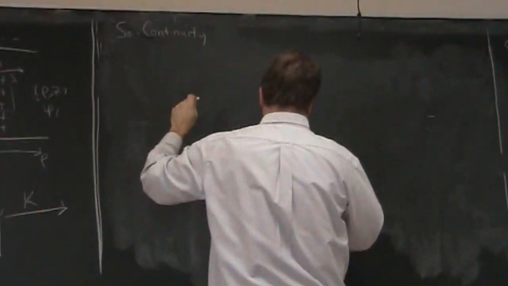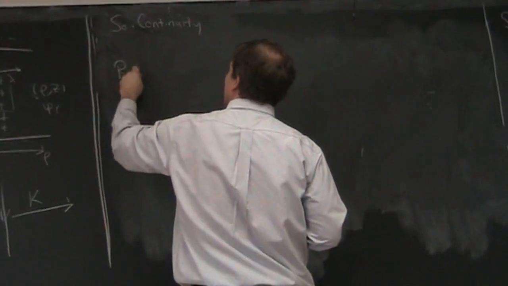Okay, what do I get here? I get R of K in rho.